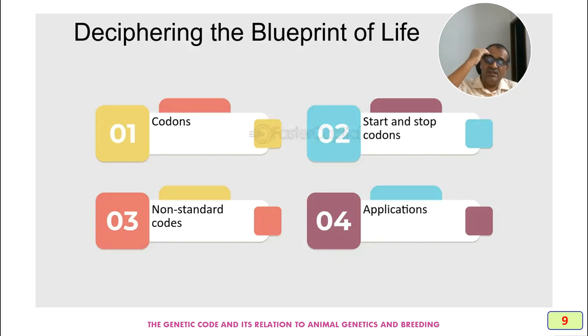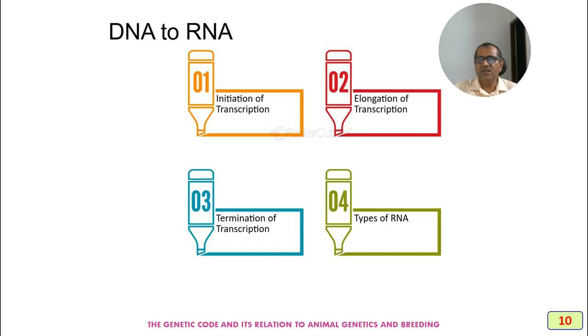Then the fourth is the application part. And we have DNA and RNA. The difference between DNA and RNA is very, very little. Deoxyribonucleic to ribonucleic acid: in deoxy, one oxygen moiety is missing.